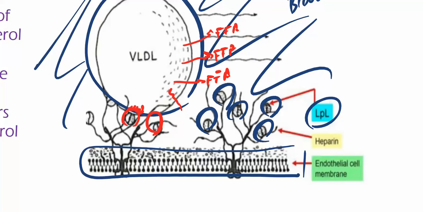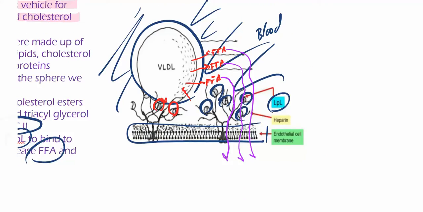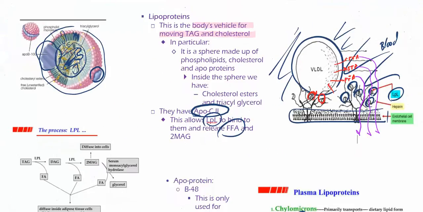Once the free fatty acid is released, then from there, you can just move into the cell. Just move right in. Slide on down. Okay, so this is just a depiction of that.